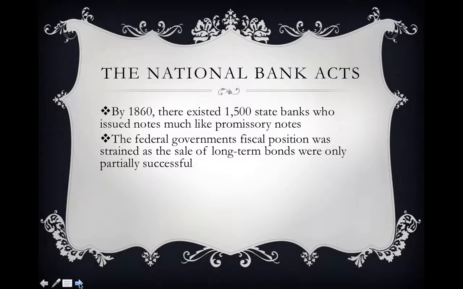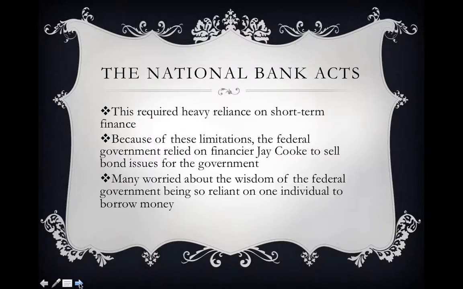So realize that this is also a financial issue on the federal level, that the federal government had difficulty borrowing money on a large scale because there were no large-scale banks from which to borrow that money. So this required the federal government to be heavily reliant on short-term finance. And you can imagine the additional cost the federal government incurred by always having to rely on short-term credit.